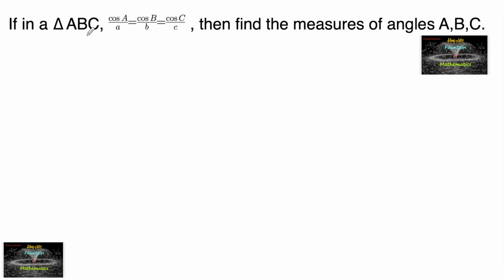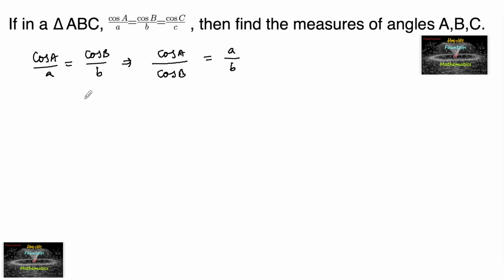If in a triangle ABC, cos A upon a is equal to cos B upon b is equal to cos C upon c. So let us consider cos A upon a is equal to cos B upon b, which implies cos A upon cos B is equal to a upon b.